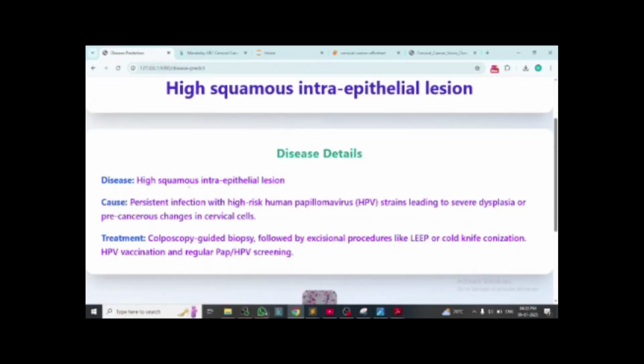Disease details: disease name and cause. The cause for this is persistent infection with high-risk human papillomavirus, HPV, strains leading to dysplasia or precancerous changes in cervical cells. Treatment for this: colposcopy-guided biopsy, followed by excisional procedures like LEEP or cold knife conization, HPV vaccination, and regular Pap and HPV screening.